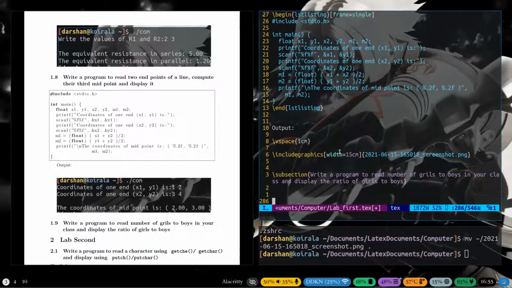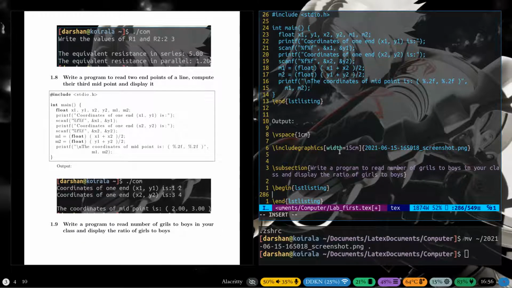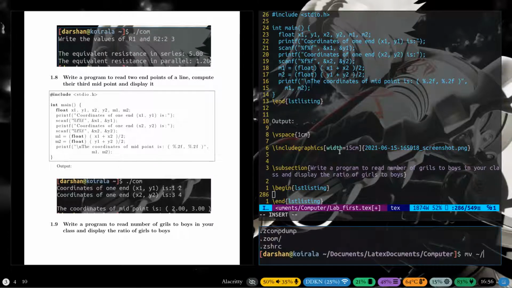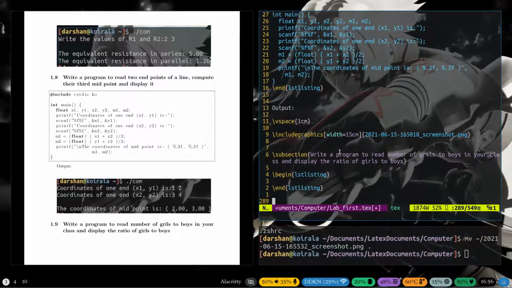So LST listing. So I did screenshot it, right? Listing 2021 dot. So listings are not important right now. Just output I'll write.